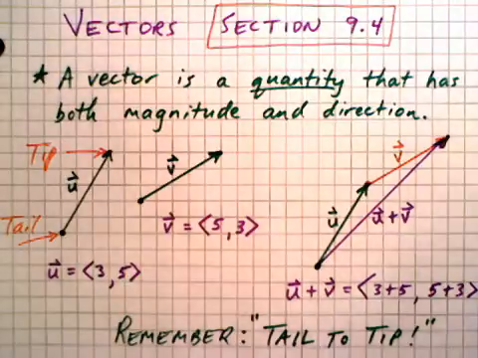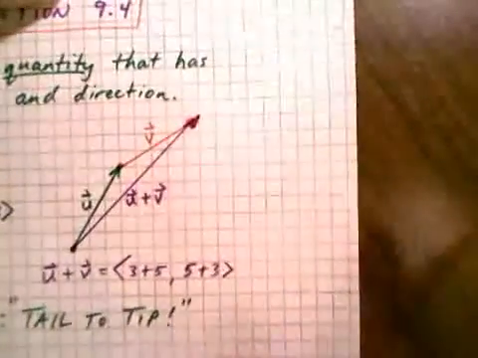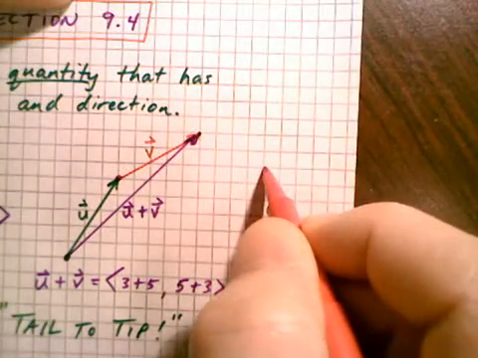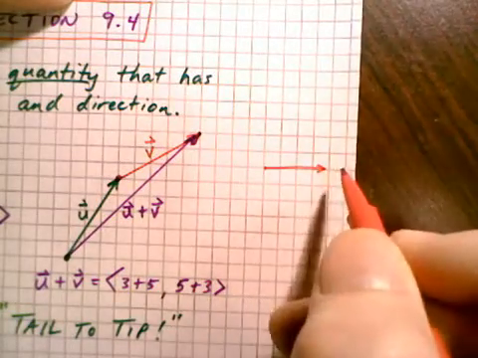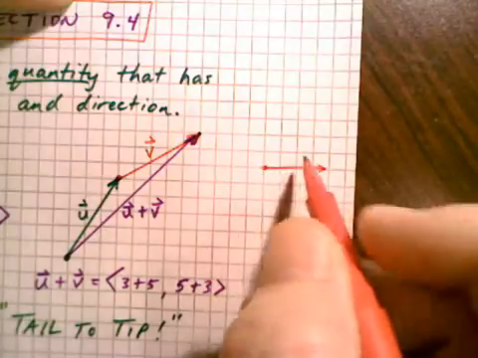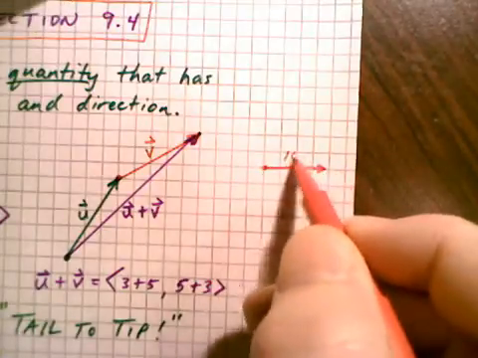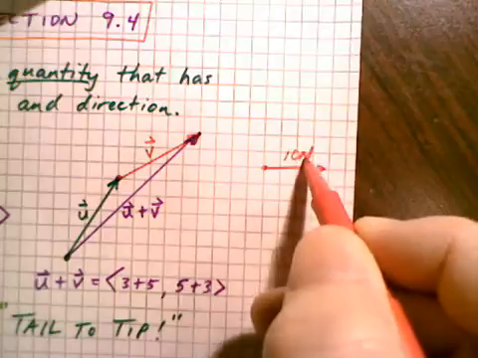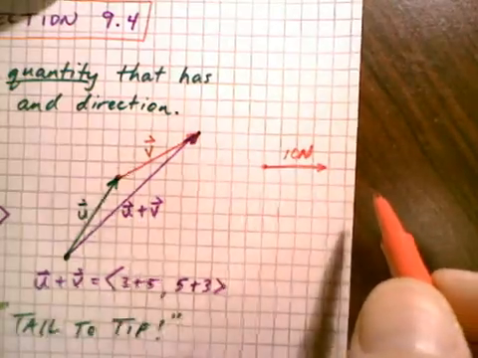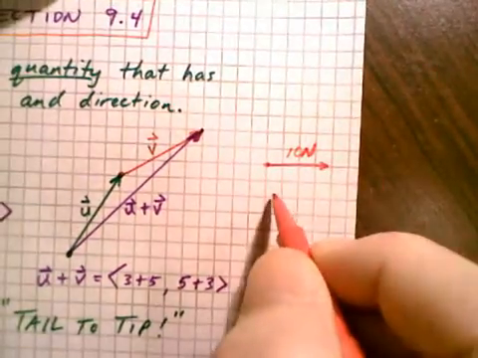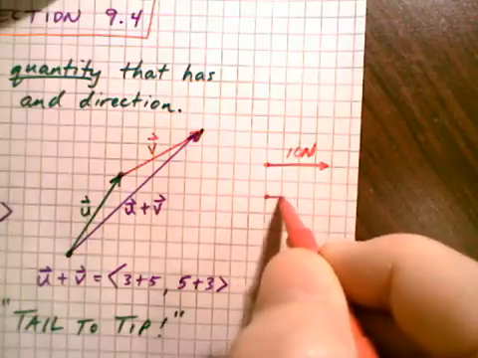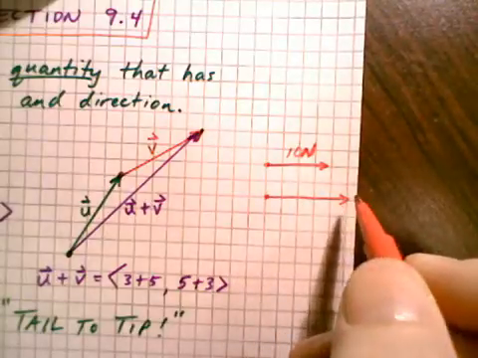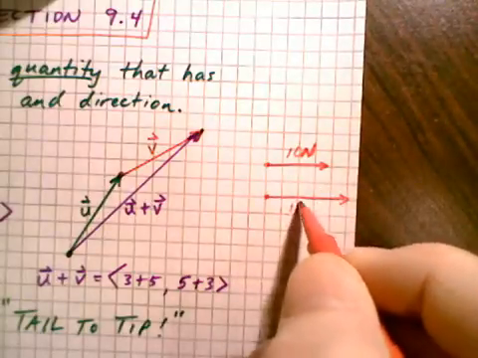Like if you're pushing a box to the right, then you can show a vector. I'll do this off to the right. Let's say I'm pushing a box with a magnitude of 10 newtons. Now, if you're in physics, that'll make sense to you. And let's say you're stronger than me, and you can push the box in the same direction with, let's say, 13 newtons.